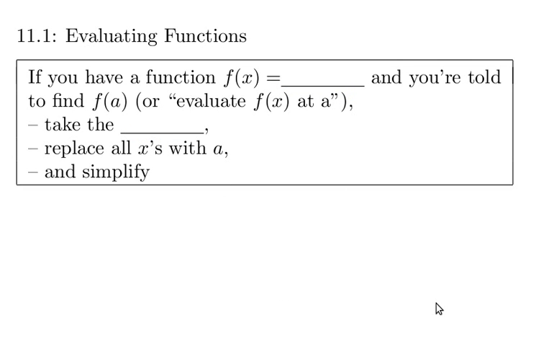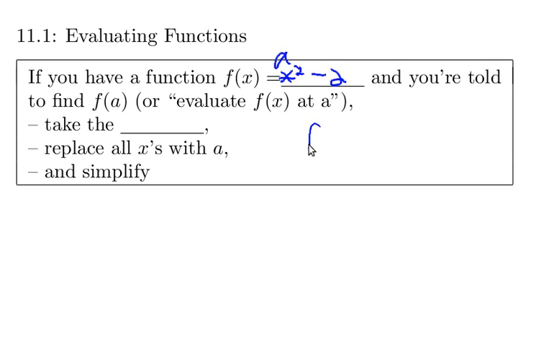So it sounds easy. Well, it may not sound easy now because it's been abstracted so much, but we'll get into some examples. And it is easy, but don't be overconfident. The real work is the simplifying part. So all we do is we have something like x squared minus 2, and we take out the x, replace it with a, and that's a squared minus 2, and that's f of x evaluated at a.